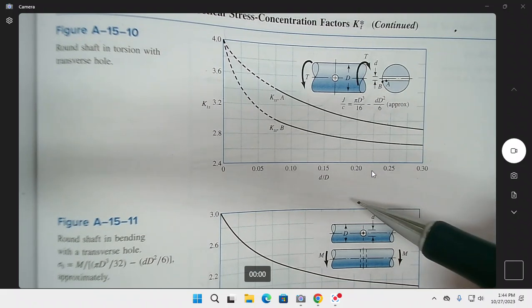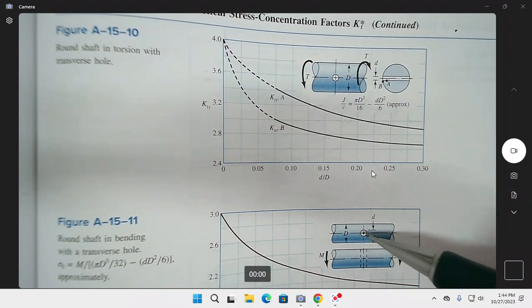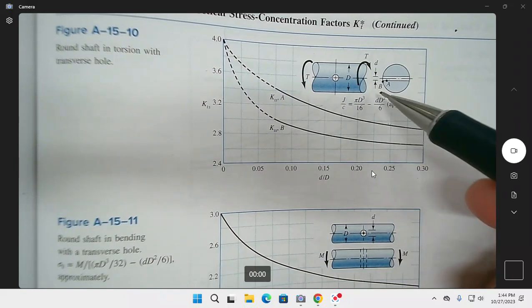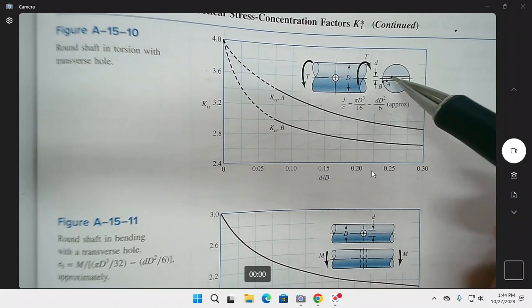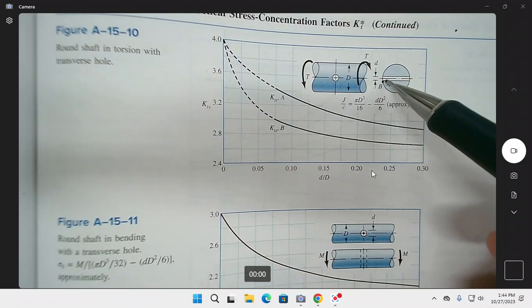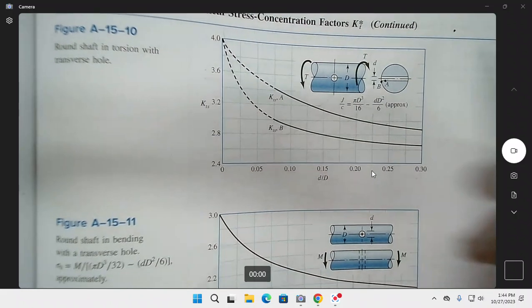Now, what do you think? I think you should use B, because we want to combine the stress, and that's where it would be taking place, on the outside fiber. But apparently they want to recognize that, for whatever reason, the stress concentration is actually larger there at A. I don't know why.